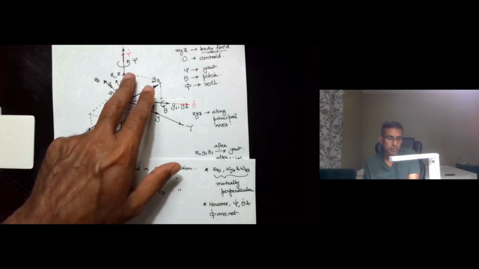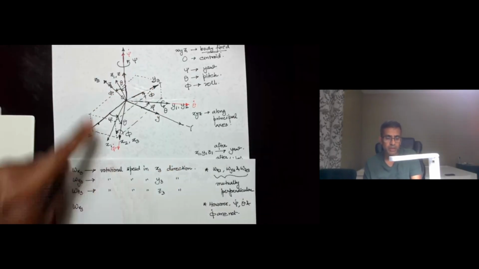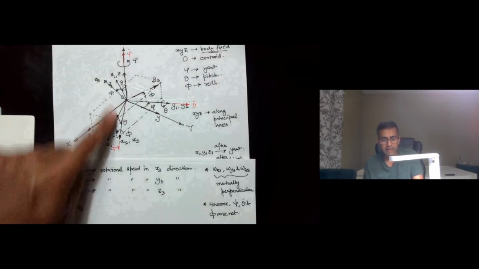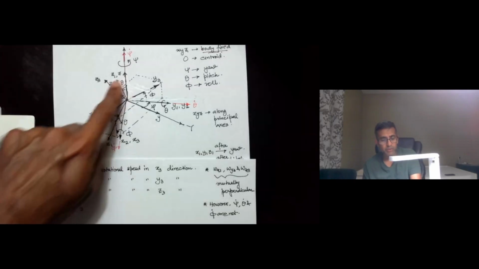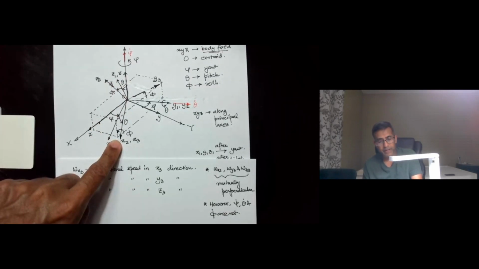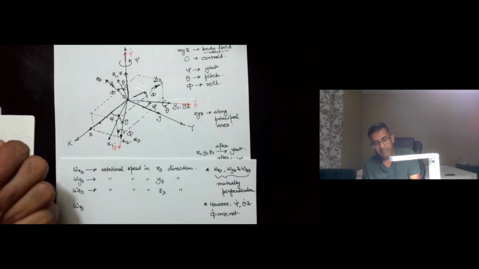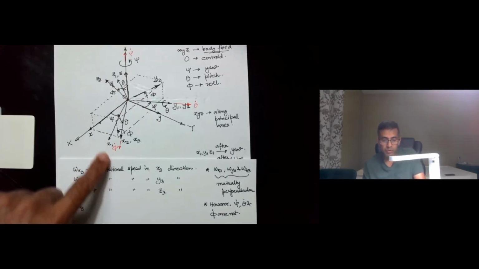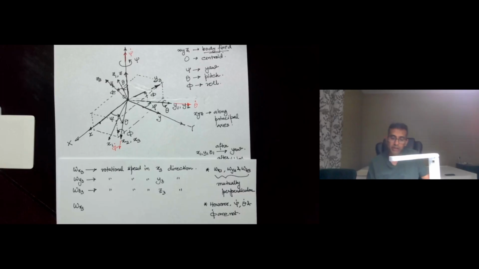So this was x1. It turned to x2. But as it turns, it always maintains that 90 degrees with the y2 axis. So phi dot will always remain perpendicular to the theta axis.